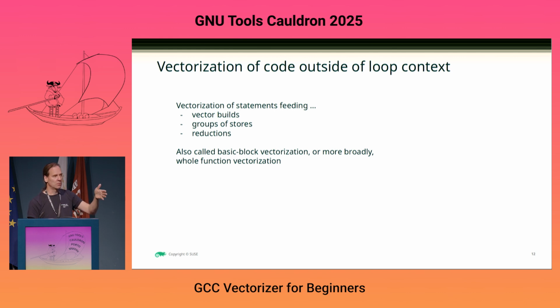Then we check, oh, maybe what we actually store can be vectorized. Or when there is use of the general GCC vector extension and you build up a vector of scalars, we check, oh, can we actually vectorize that vector build? And we can also vectorize reductions that way.